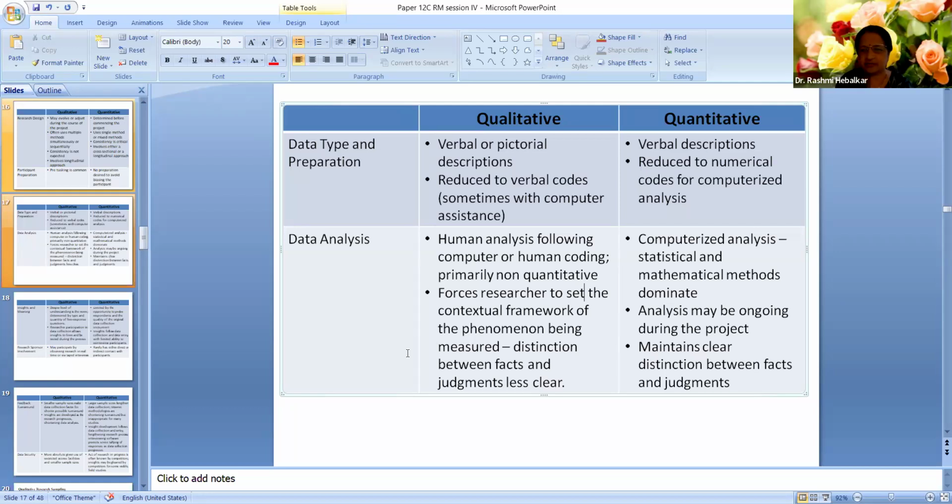So I am talking about the data analysis under quantitative; it goes on. But when it is qualitative, you can't come to any conclusion or analysis unless and until the full interviews are complete. You can't jump to any kind of conclusion. And human analysis is a must.